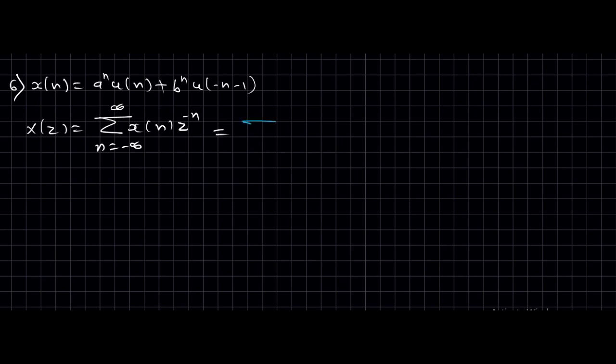So it is the sum of, we'll use a bracket for this, a raised to n u of n plus b raised to n u of minus n minus 1, bracket close, z raised to minus n. This is our input sequence to find the z transform.